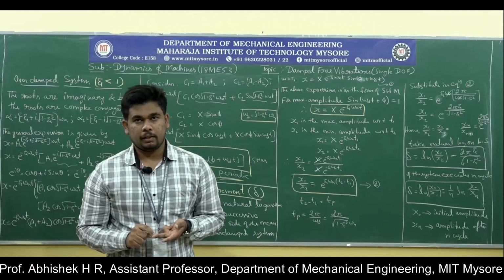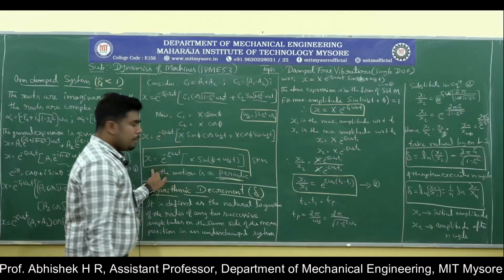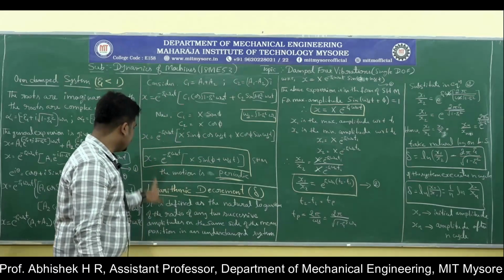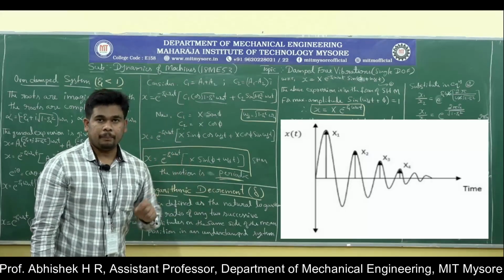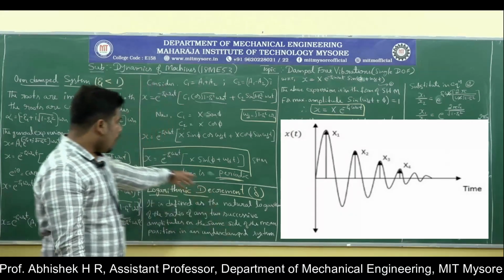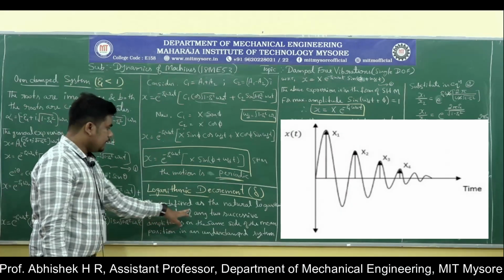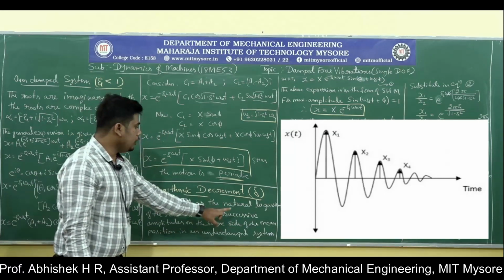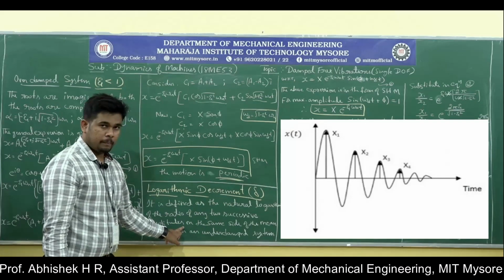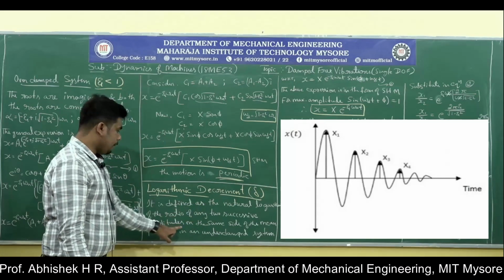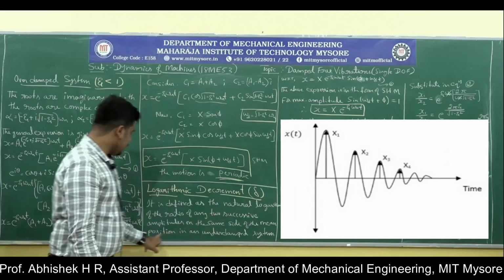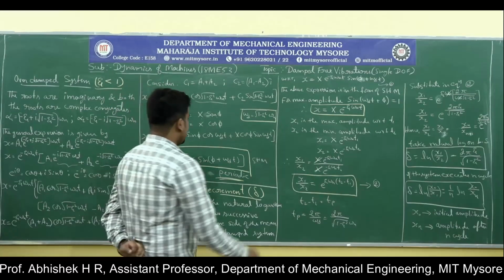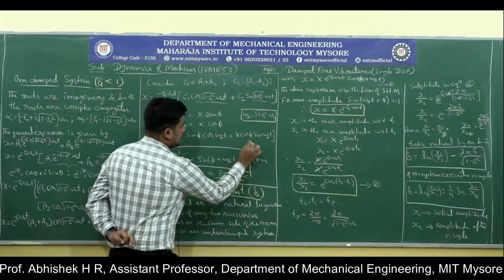So, related to the underdamped system, we have a small concept, that is logarithmic decrement. Logarithmic decrement means it is the natural logarithm of the ratio of any two successive amplitudes on the same side of the mean position in an underdamped system. I will just show here.